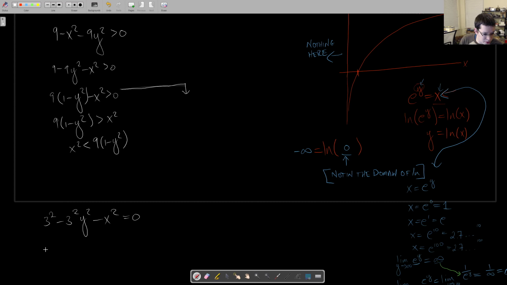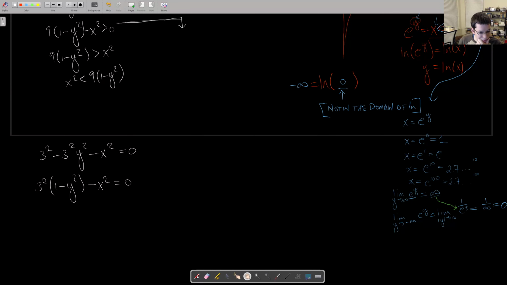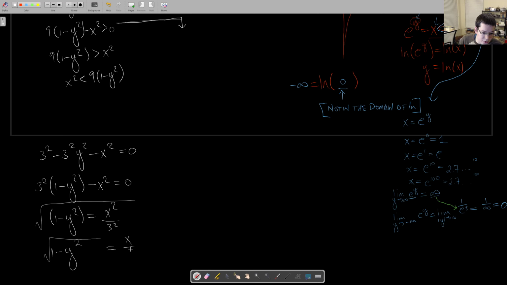And I feel like I should be able to do something with this. I can pull out the 3 squared, so 3 squared times 1 minus y squared minus x squared equal to 0. Then I can do 1 minus y squared equals x squared over 3 squared. And if I do the square root of that, which I shouldn't do, but for the sake of experimentation, I get the square root of 1 minus y squared equals x over 3.